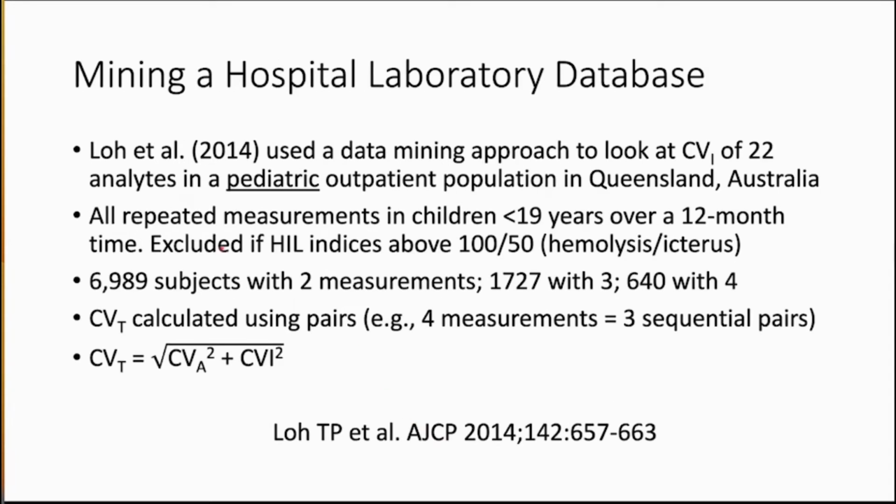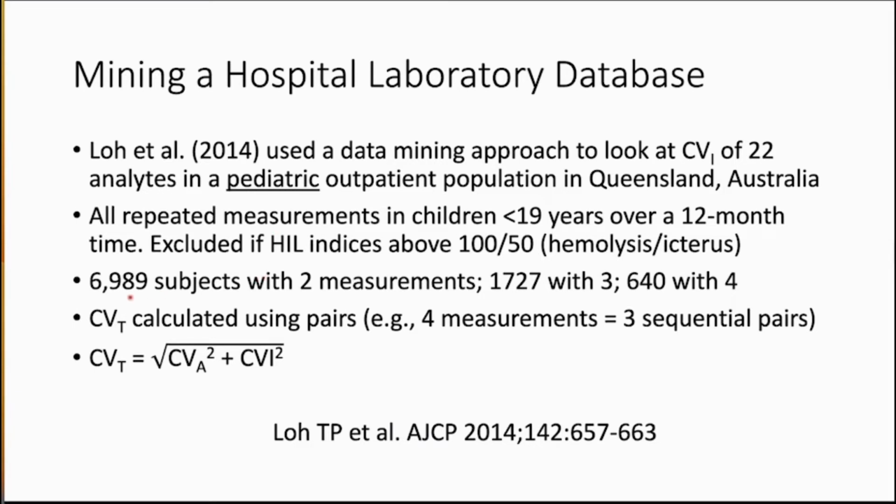More recently, Lowe, who I think is in Australia, looked at hospital records. They looked at 22 analytes that were measured in a pediatric outpatient population in Australia. They included all of the repeated measurements in children, defined as under 19 years of age, over a 12-month period.